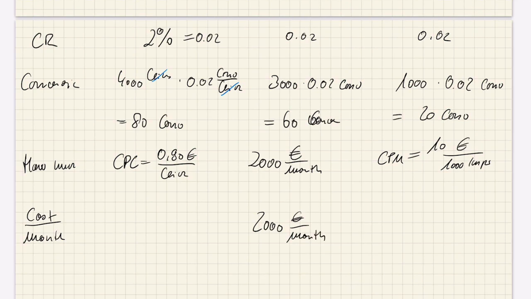In here we have 90 cent times 4,000 clicks. Yeah, so we have 90 cent per click times 4,000 clicks. And again, we can simplify, put the clicks away, and we will end up with 3,600 euro during this month.